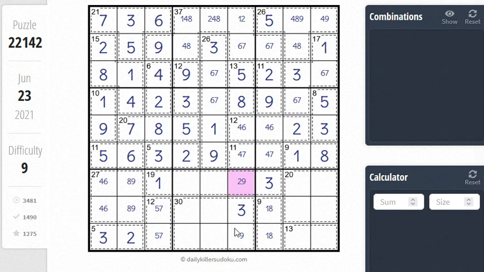So this can only be a 2, and this can only be a 1. And then let's look at the impact of this 2 or the 9 on the 19 square. So if it's 1, 2, 3, then we have a remainder of 13. It can't be 6, 7 because that would break here. It can't be 4, 9 because that would break here. It could be 8, 5.